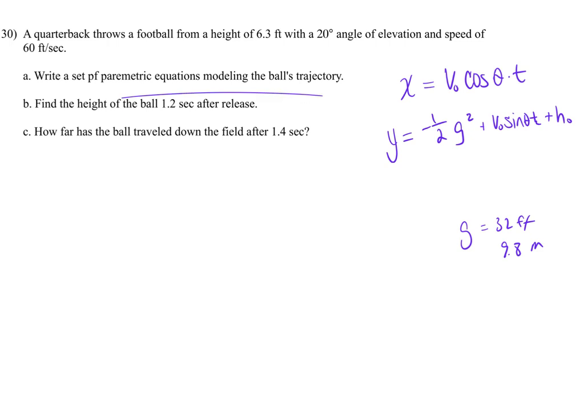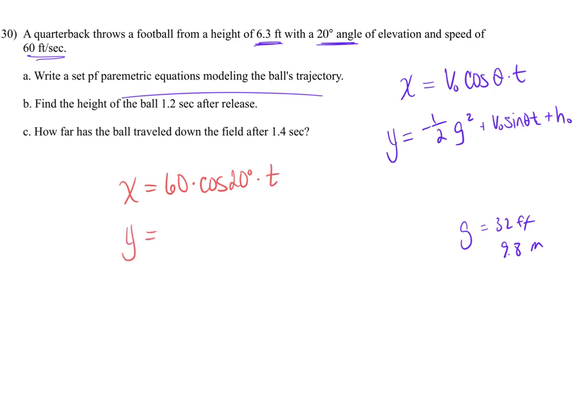It says a quarterback throws a football at a height, that's my h naught, initial height, with a 20-degree angle of elevation, that's my theta, at a speed of 60 feet per second, that's my initial velocity. So parametric equations are just a matter of plugging it in. X equals initial velocity 60 times the cosine of my theta, 20 degrees, times my time.